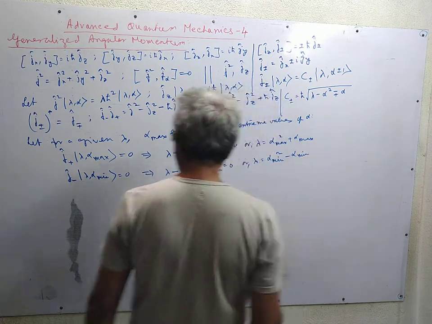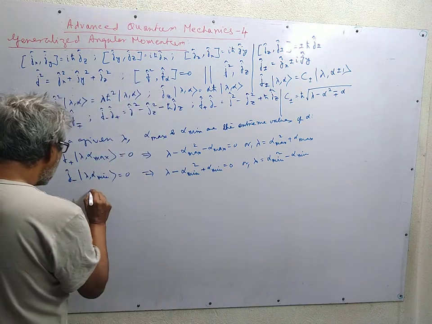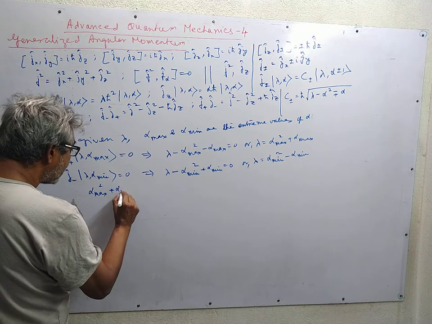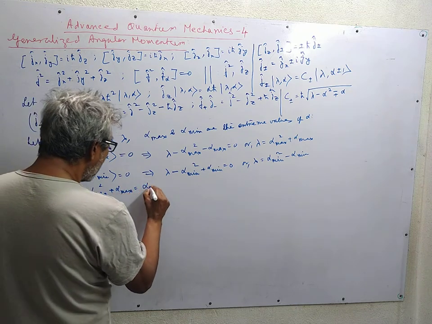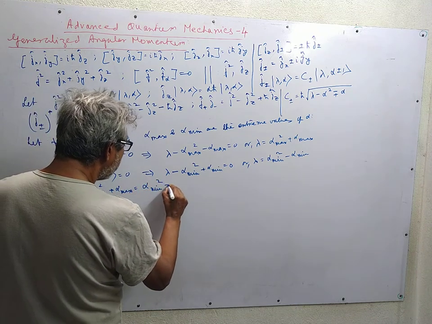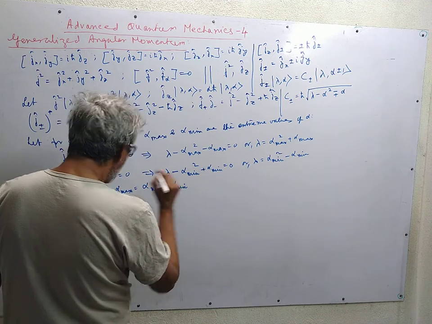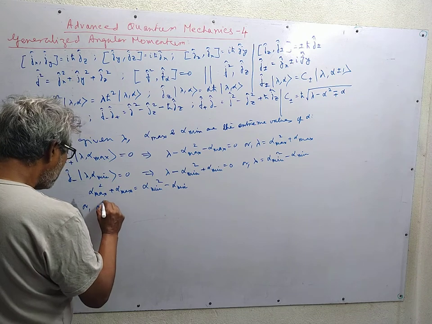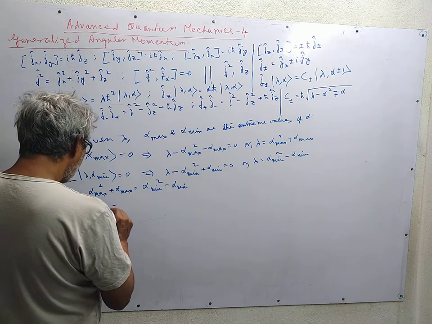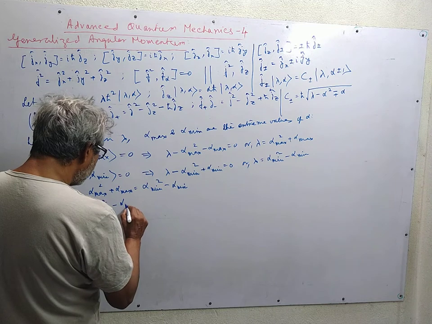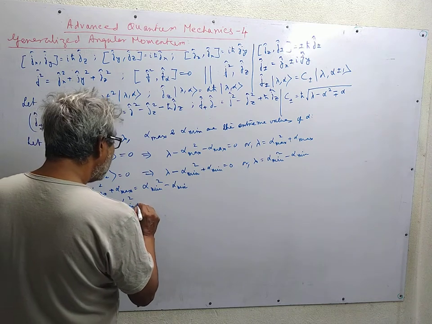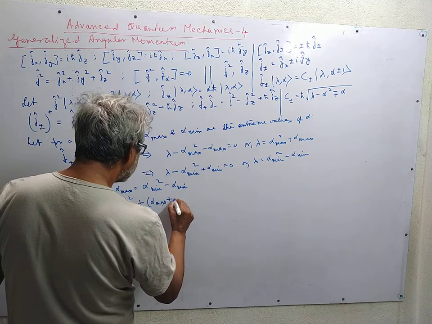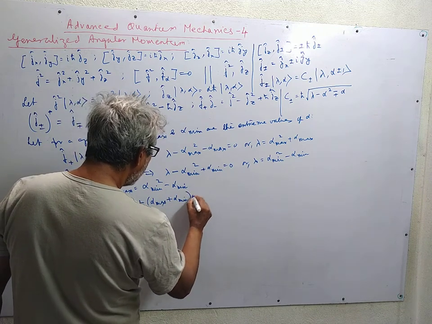If we equate the two lambda values, we get alpha max square plus alpha max is equal to alpha min square minus alpha min, or alpha max square minus alpha min square plus alpha max plus alpha min is equal to 0.